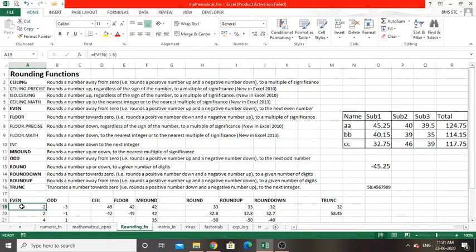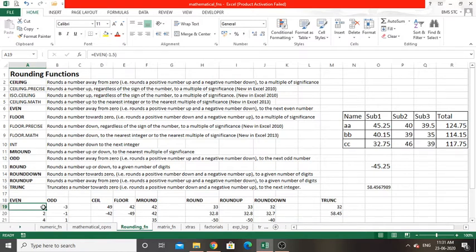Okay, so here I have illustrated some examples also. Look at the first one. I put the first example as equals even of minus 1.5. Here the number is 1.5 and it is a negative number, so it will round it down negatively to the next even number. What is the next negatively down even number?